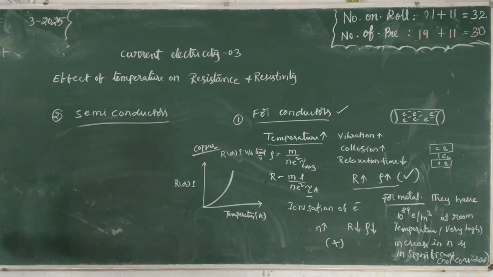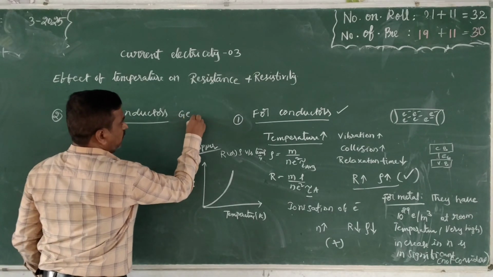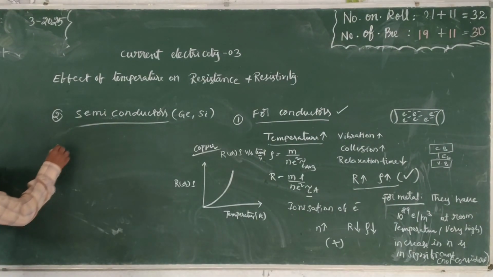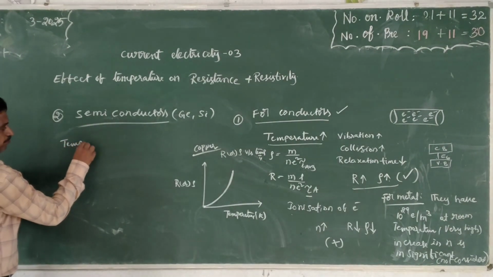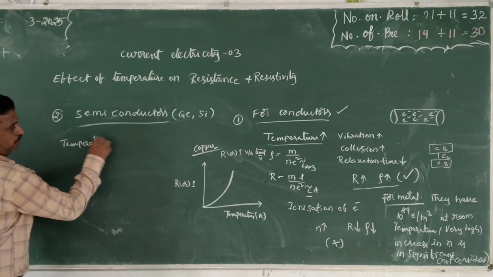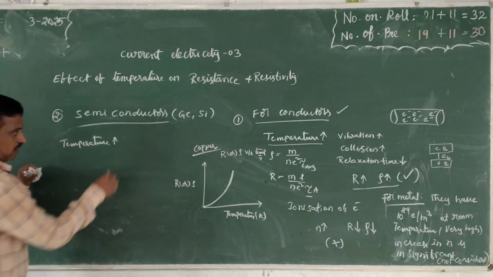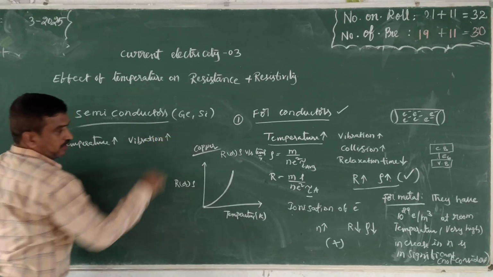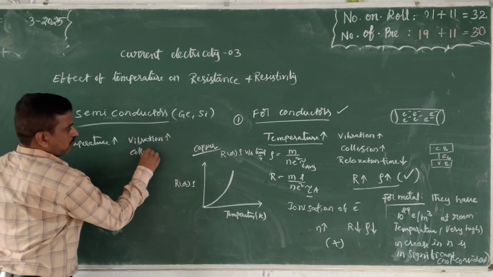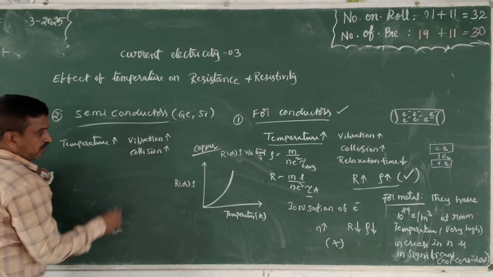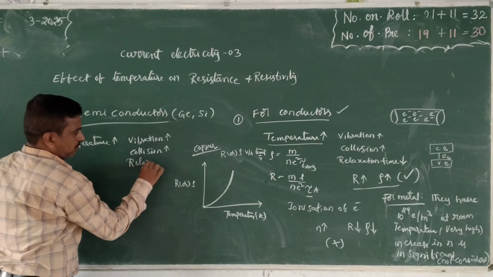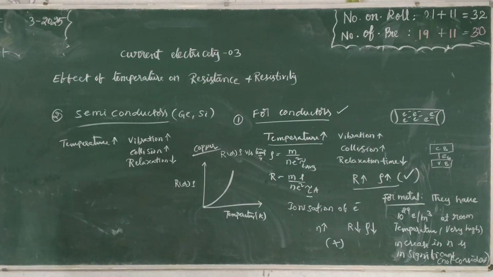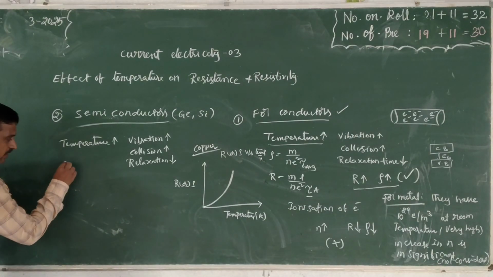For semiconductors, for example germanium and silicon, when temperature increases, what happens? Here also vibration of particles increases, collision increases, and automatically relaxation time decreases.